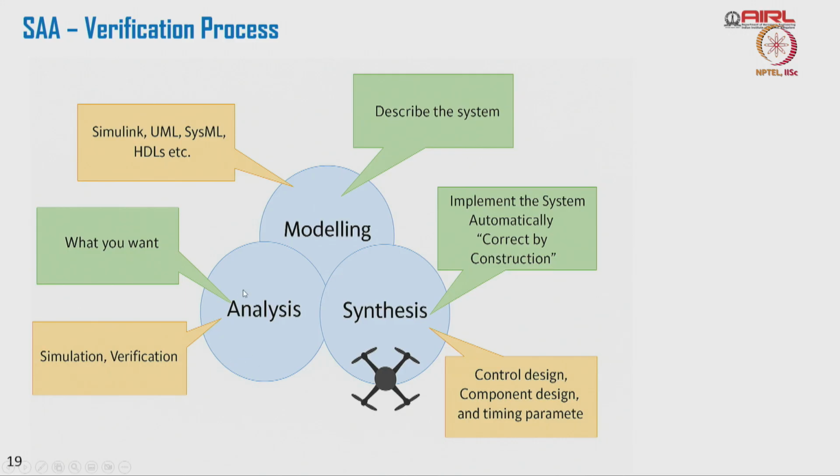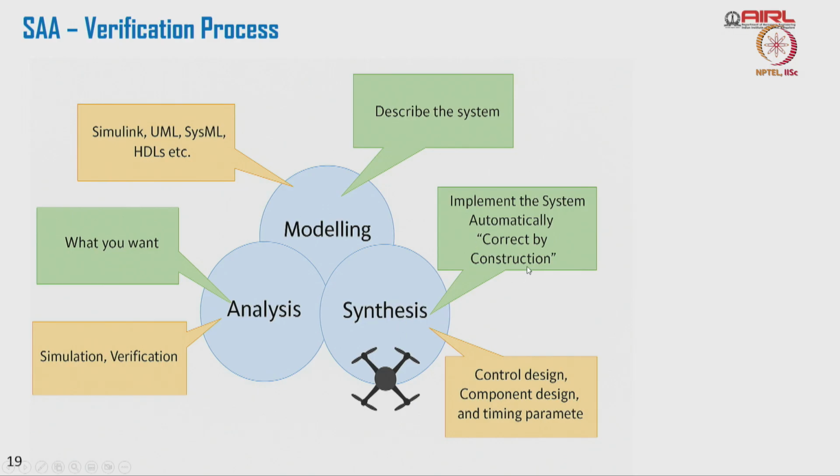So I am trying to look at this analysis of my avoidance algorithm: in what scenarios it will fail to detect, and in what scenarios it can operate safely. Then I may have to synthesize the model that I have created and check it in real time, right?